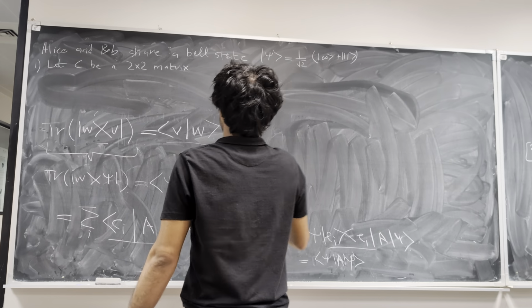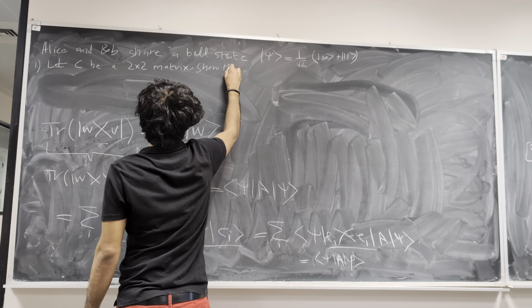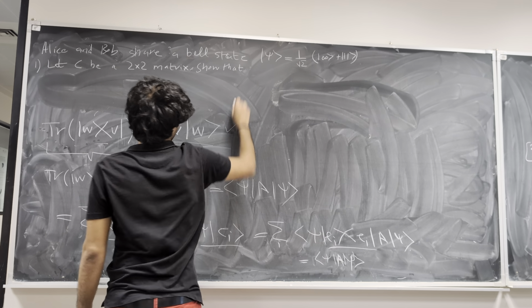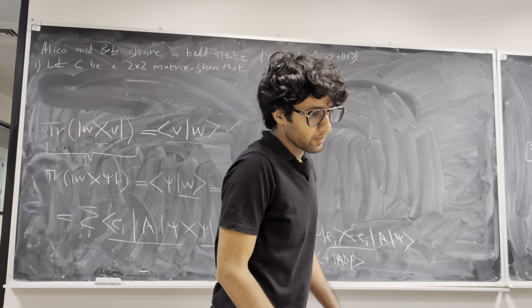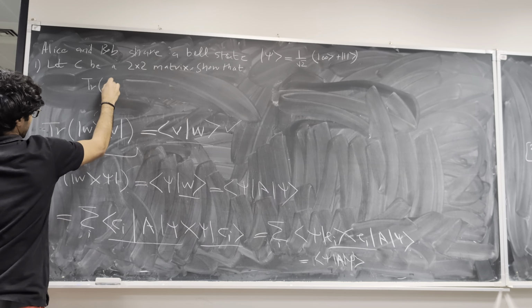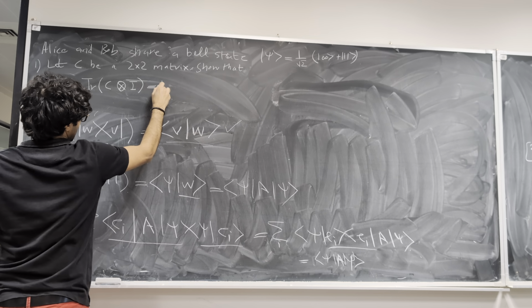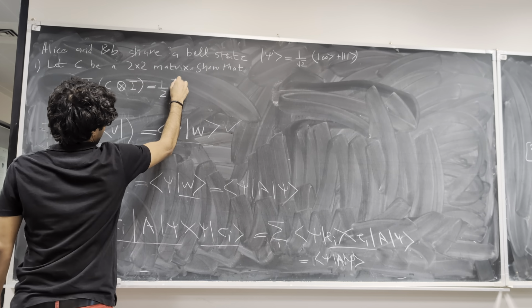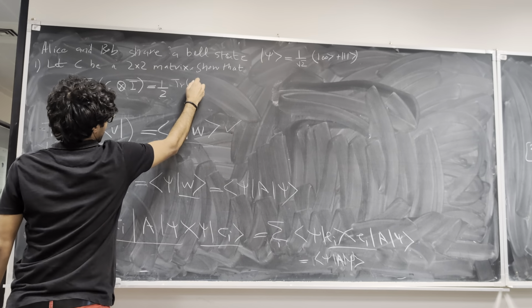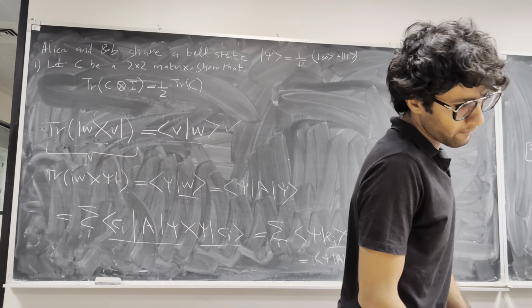Show that the trace of C cross identity is equal to half the trace of C.